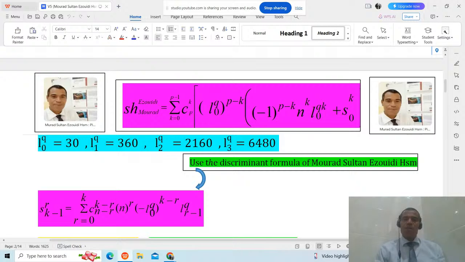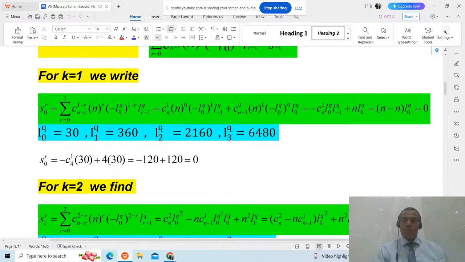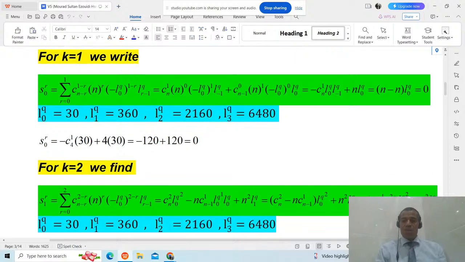We used this discriminant formula of Murad Sultan-Zwidi, and we figured out all the SR SP minus one of all the K, and we found all the roots of the polynomial to the power 4. This is what we did that day. Today we are going to do a new polynomial.